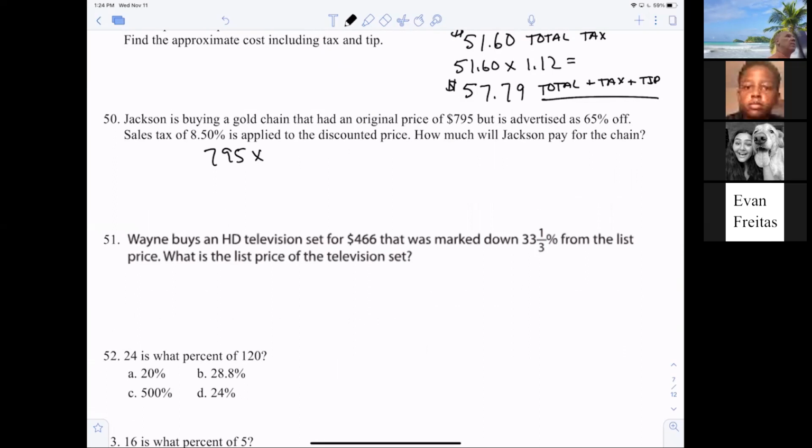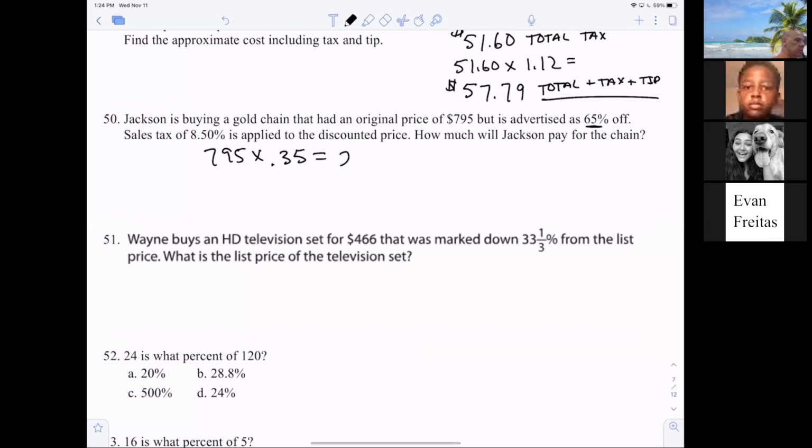If you get 65% off, 35. Yes, you have to pay only 35%. So somebody tell me what 795 times 0.35 is. Because 65% off, right? If you get something 65% off, 100 minus 65 is 35. Right? So tell me again, please.